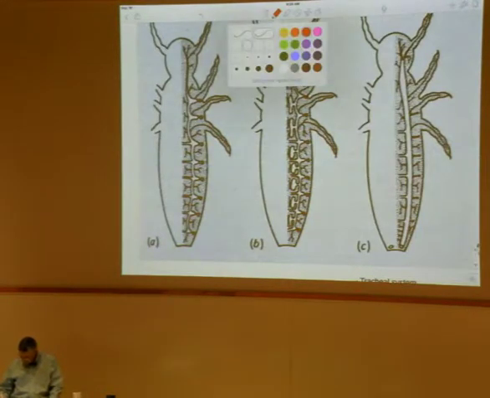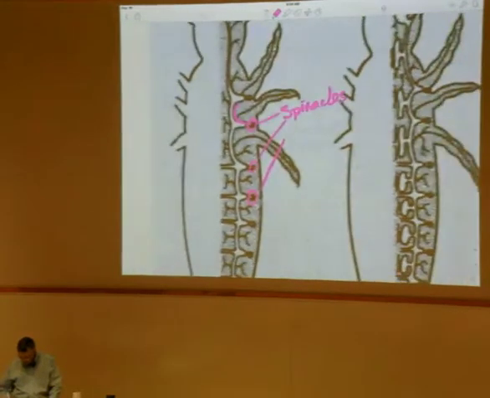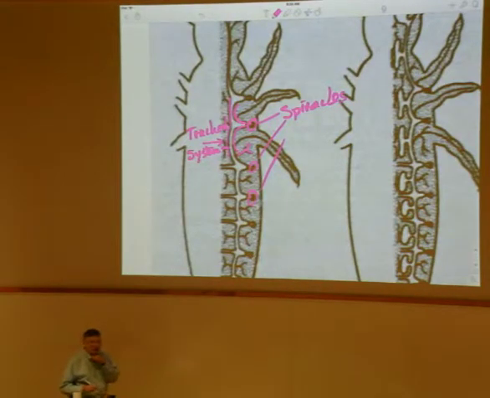The tracheal system has spiracles that open to the outside, and then inside, these tubes branch. It's called the tracheal system, same root as your trachea. And it branches down to really tiny air capillaries.